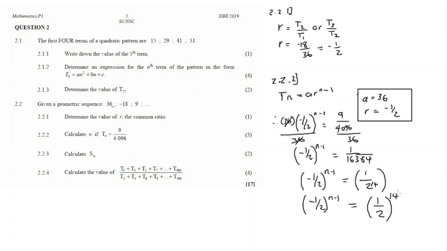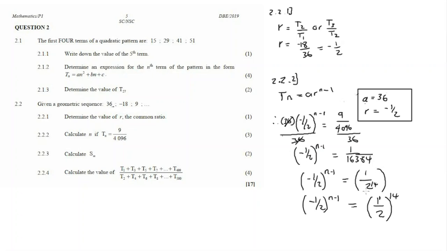This 14 times the exponent of 1 gives 1 raised to exponent 14, and 1 raised to any number gives 1, and 14 times the exponent of 2 gives 14.